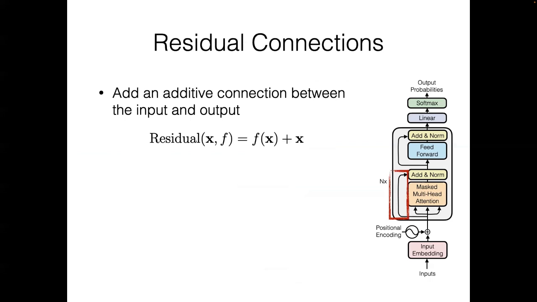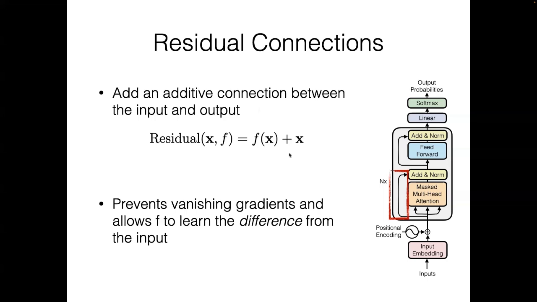The second idea is something else I mentioned last class, and it's called residual connections. Here we add this additive connection between an input and an output. So it's this kind of skip connection. Intuitively, the model could actually set this f of x to 0, and then it would just be passing the input through.